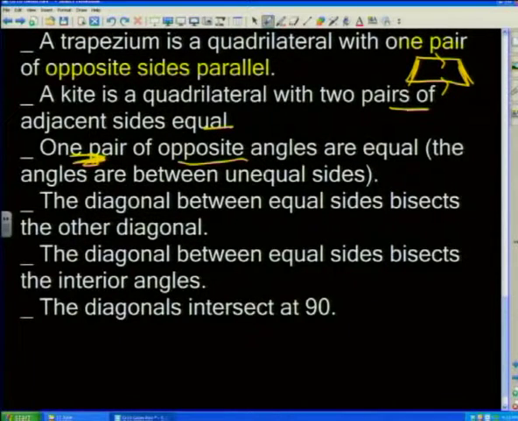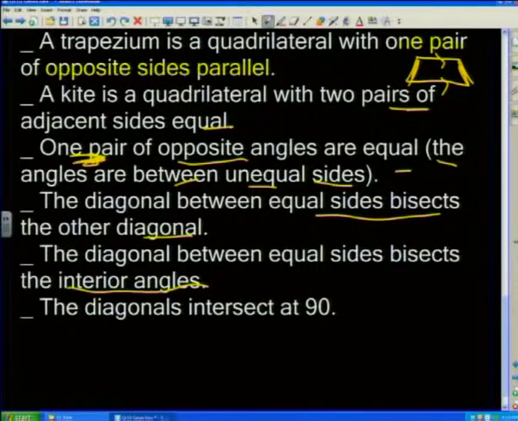Only one pair of opposite angles are equal, and that's generally the angles between the unequal sides. The diagonal between the equal sides bisects the other diagonal, and the diagonal also bisects the interior angles. And the final thing is that the diagonals intersect each other at 90 degrees.